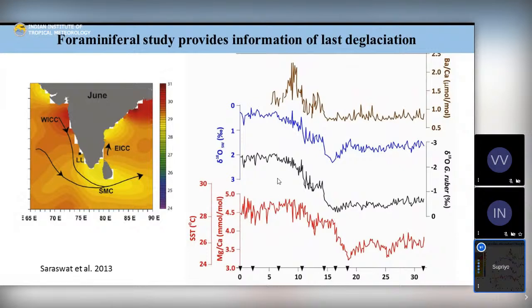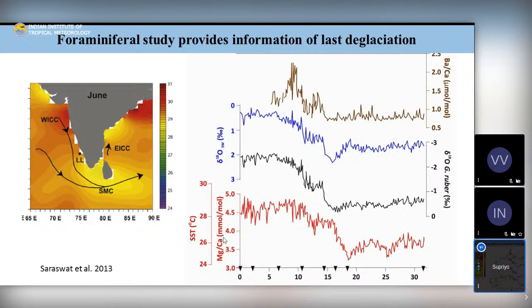In this case, they analyzed delta 18O of a foraminiferal species called G. ruber, and they did barium calcium measurements and also magnesium calcium measurements. As I mentioned earlier, like the strontium calcium ratio, the magnesium calcium ratio is also used to infer temperature conditions.